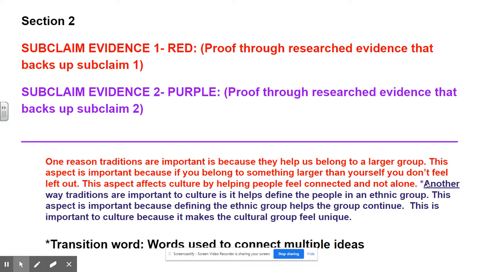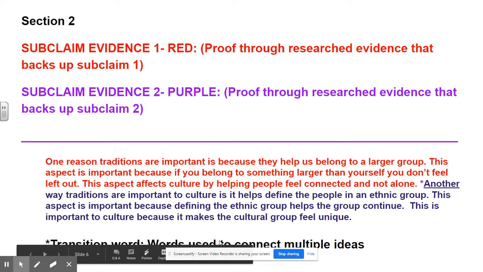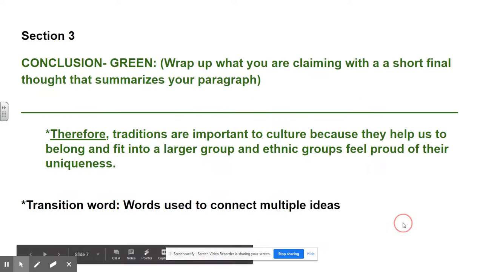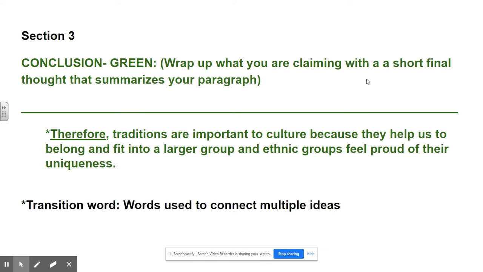And why is this underlined with a little star? Because this is a transition word. It's used to connect multiple ideas. Another way traditions, that's saying, continuing this thought, there's another reason. And then, of course, finally, the conclusion is green. It wraps up what you're claiming with a final thought, summarizes your paragraph.